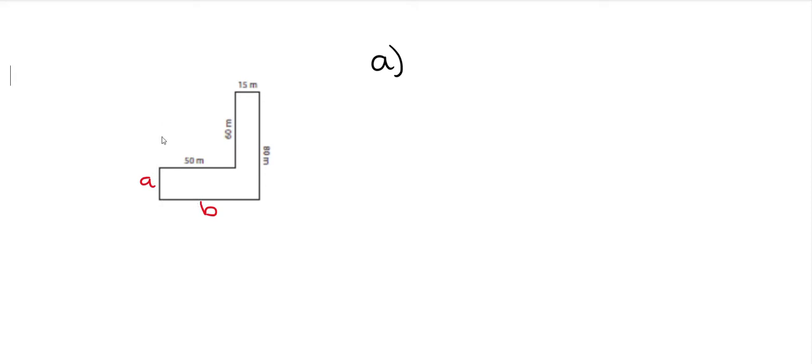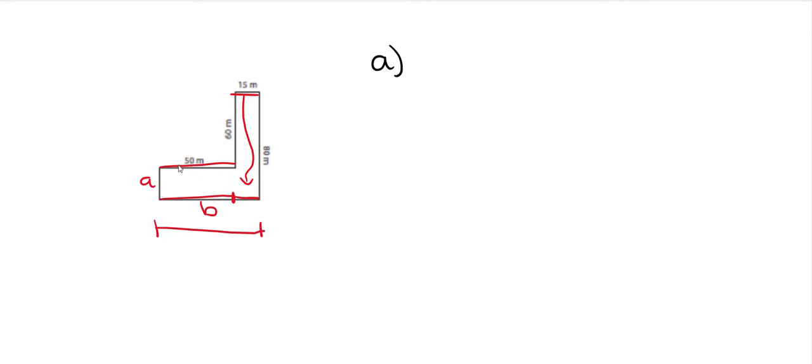And to do that, I have to use the information given. Now, if I focus on B, I can see that I have this length here, which is 50 meters, which is also a part of B, okay? I just need this bit here, and I will have the length of B. And the length from here to here, I can see is 15, okay? So if I put 15 down there, it will give me the whole length of B, because B is that whole line.